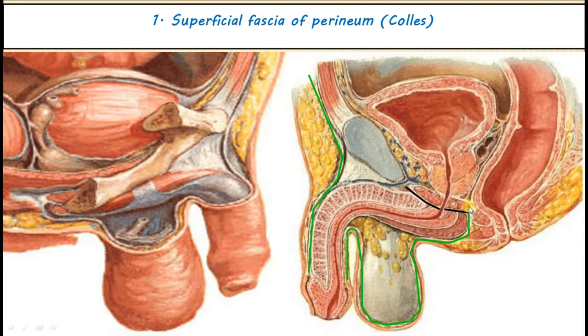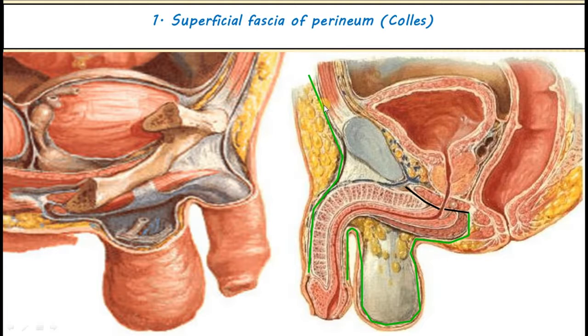So it is closed behind. Below also, along the scrotum and the penis, it is closed. The only place where the superficial perineal pouch is open is anteriorly, so it actually communicates with the superficial inguinal space, which is between the Scarpa's fascia and the aponeurosis of the external oblique muscle, external oblique abdominis.